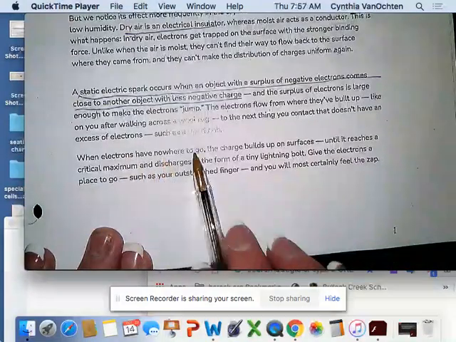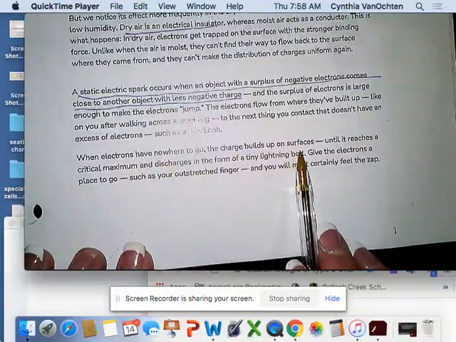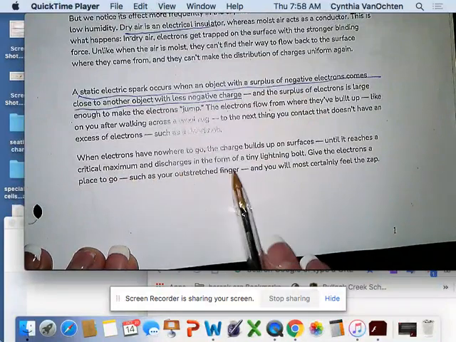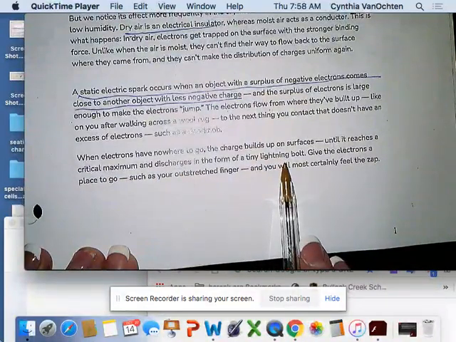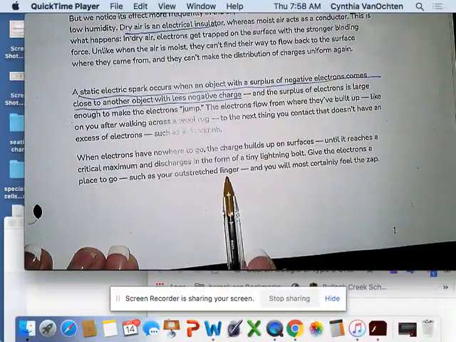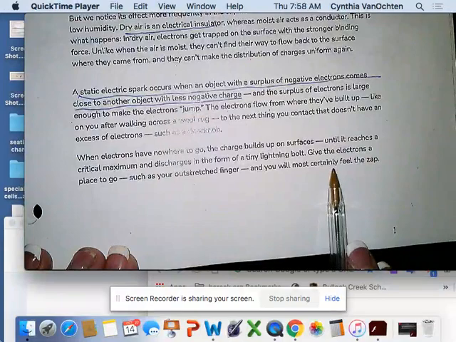When electrons have nowhere to go, the charge builds up on surfaces until it reaches a critical maximum, and then it discharges in the form of a tiny lightning bolt. Give the electrons a place to go, such as your outstretched finger, and you will most certainly feel the zap.